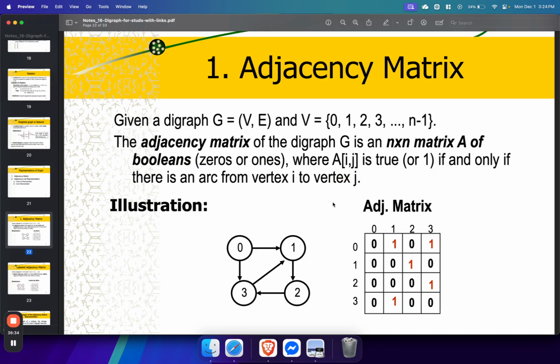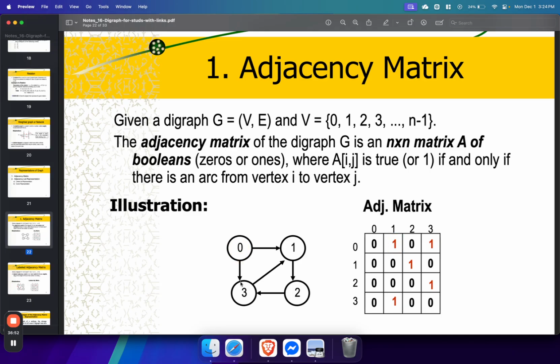So let's take a look. From 0 to 1, there is an arc, right? So that means from row 0 to column 1, there is an arc, so the value is 1.